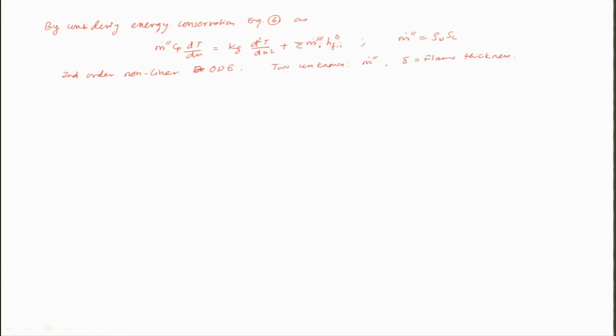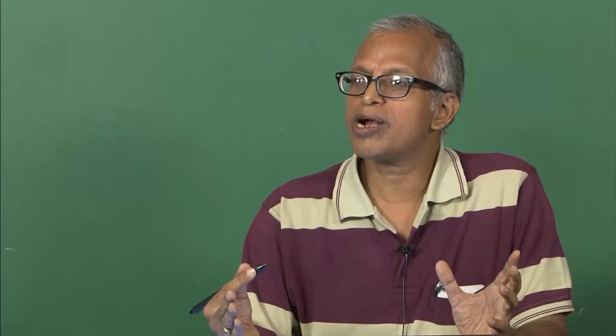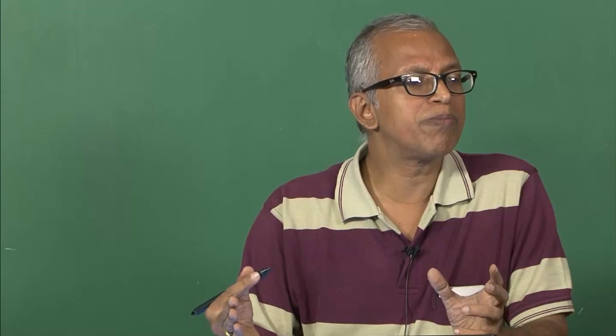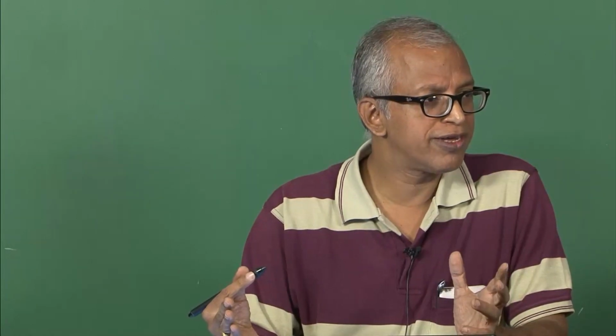Either we can use a linear velocity profile and then try to solve it, considering the physical phenomena into consideration, right. Because we have seen that in the preheat zone there is not much reaction taking place, that means there is not much heat release occurring.